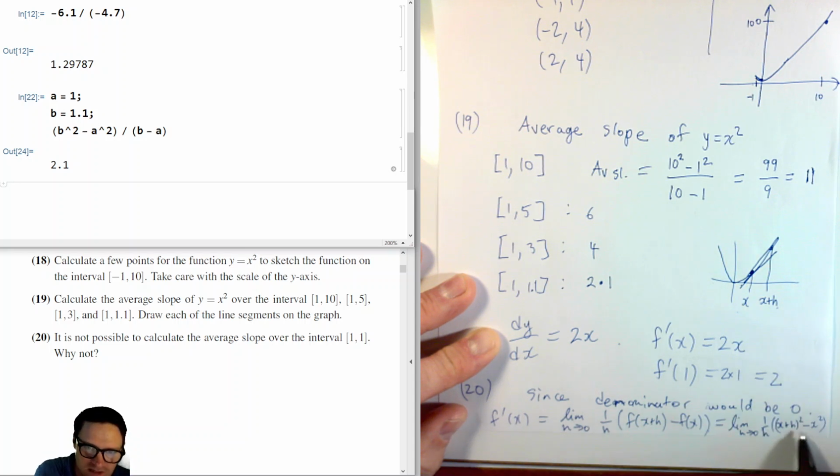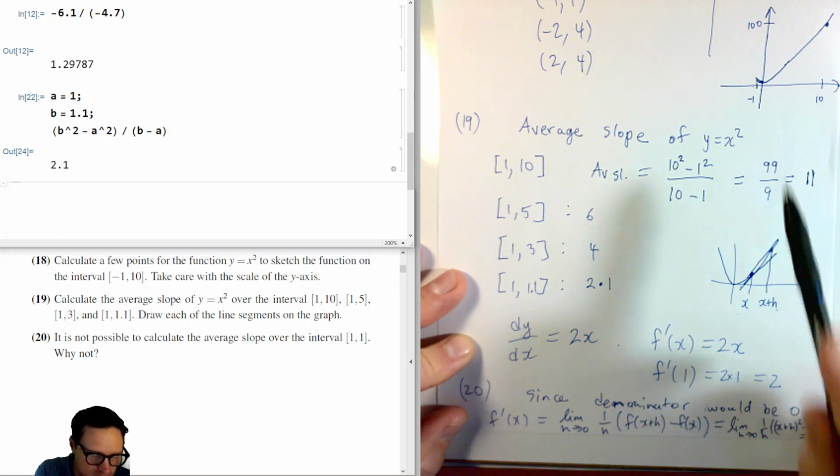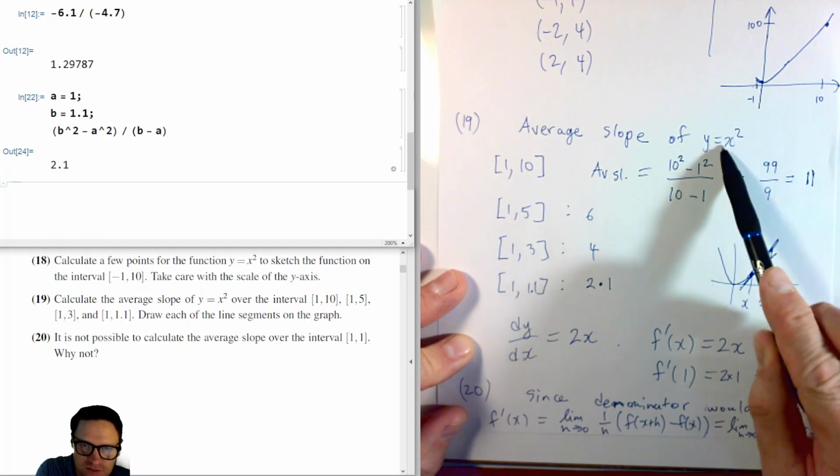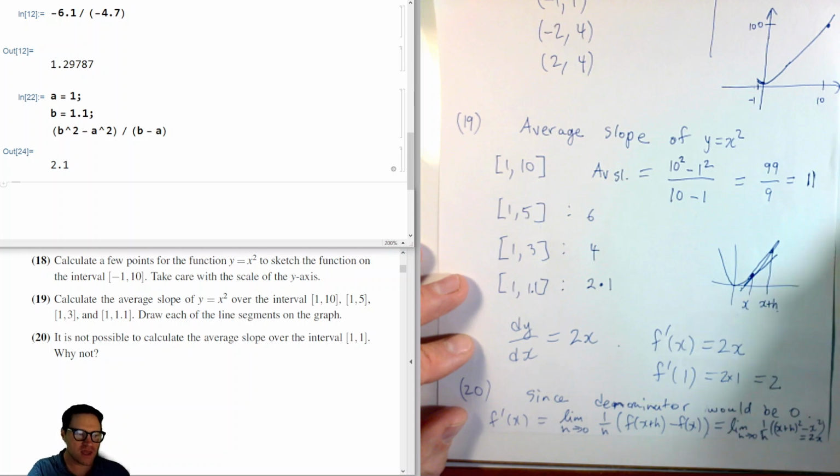Now the x squareds in this vanish, and we have 2xh plus h squared. There's an h in each of those, and so that's 2x plus h once we have divided throughout by h, and as h goes to 0, we just get 2x. Okay, so that will give us 2x, which agrees with what happened when we pull down that exponent 2 and subtract 1 from the exponent. We also get 2x. Okay, thank you.